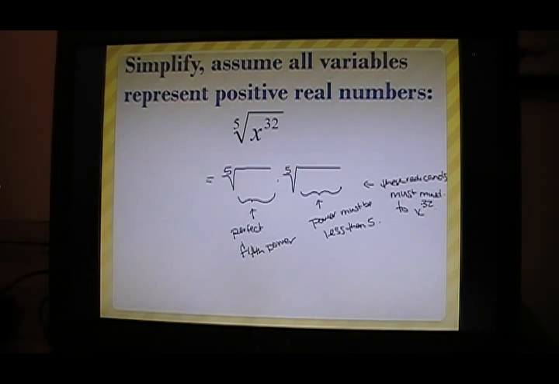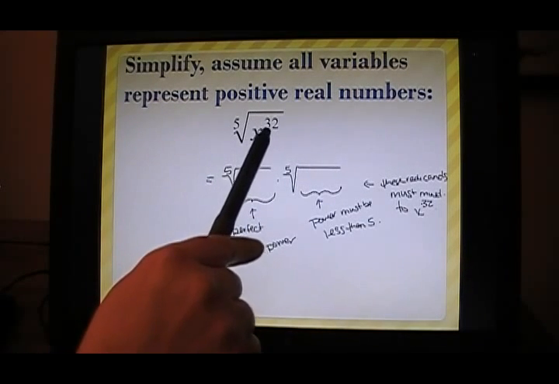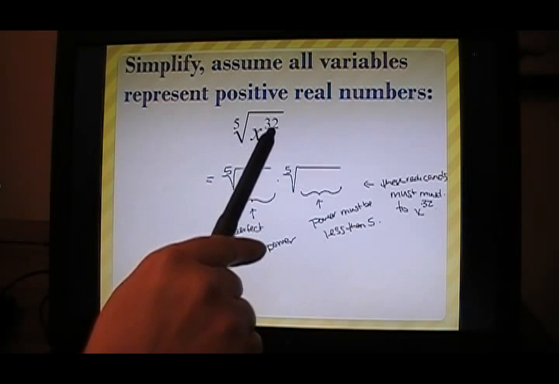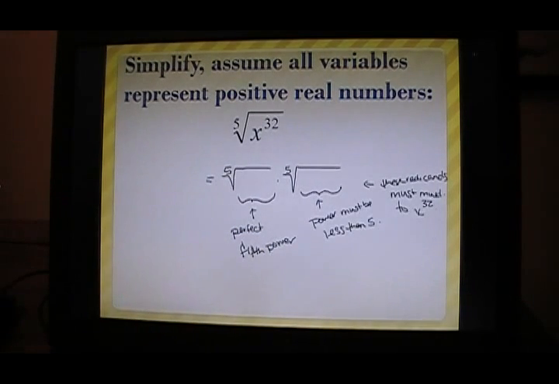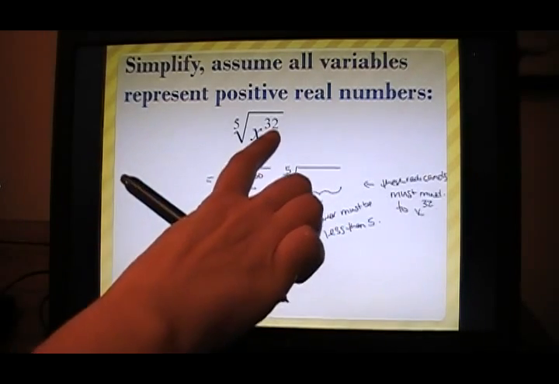Okay? So I'm just trying to think about numbers less than 32 that are divisible by 5, and the closest number less than 32 divisible by 5 is 30. So x to the 30th, that is a perfect power. If I do 30 plus 2, I'll get 32.